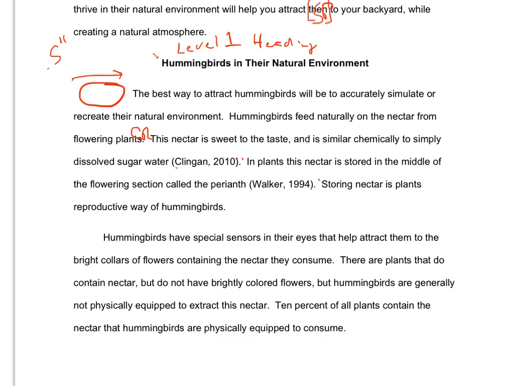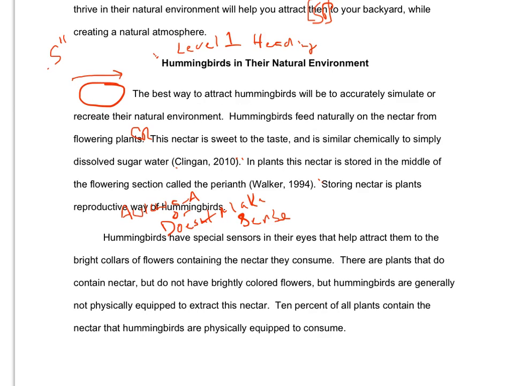So then we go on, we're starting here. Storing nectar is plants' reproductive way of hummingbirds. Okay, now, if you write a sentence like this, you're probably going to see awkward or doesn't make sense. And you're probably laughing. If you're watching this video, you're probably laughing a little bit at that sentence.